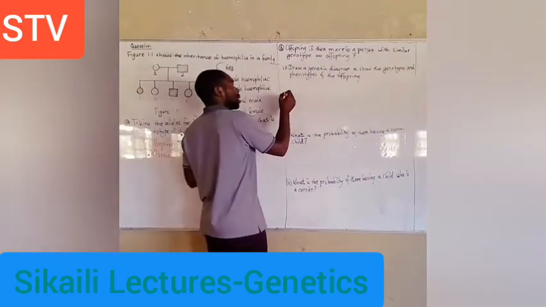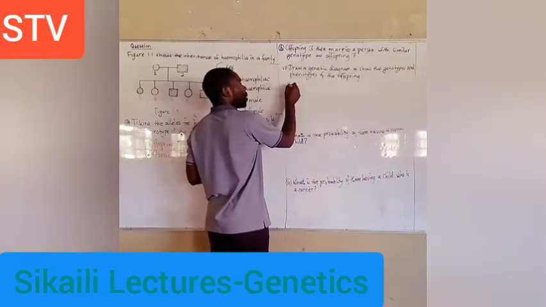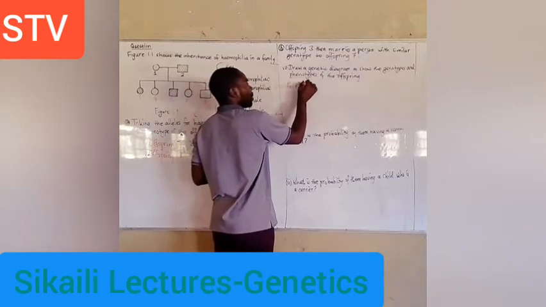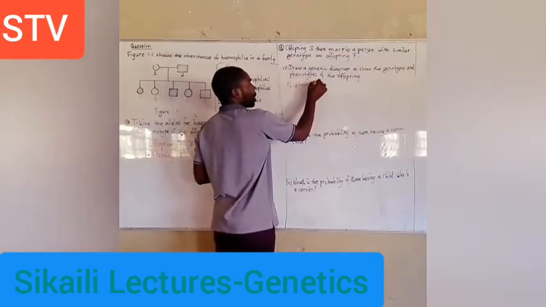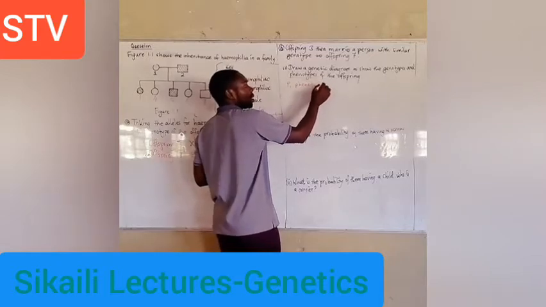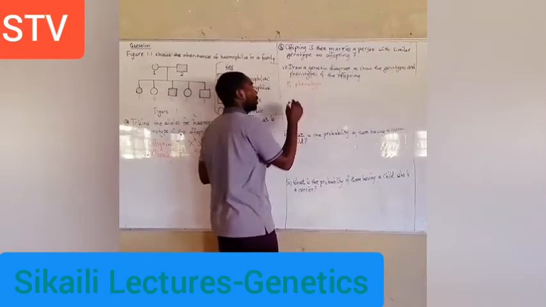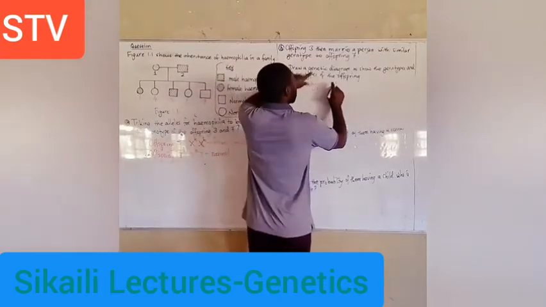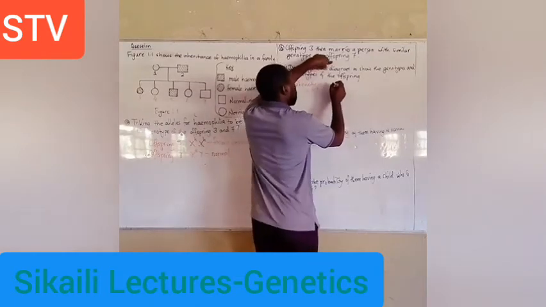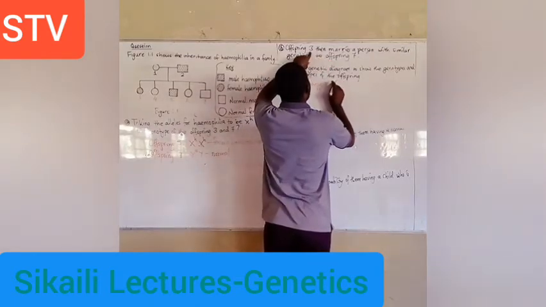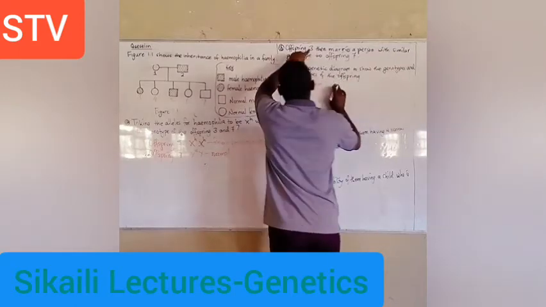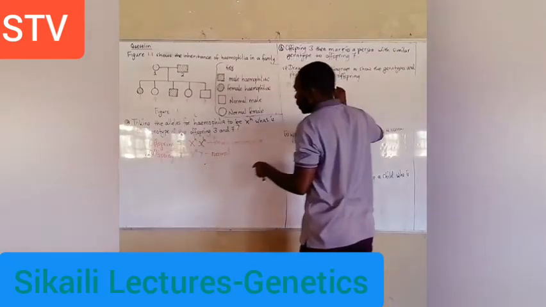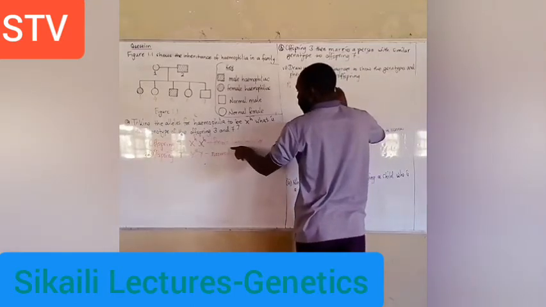So what is the procedure? The procedure is that you write P1, then you say phenotype, meaning parents, the first generation, where you are inheriting. Then offspring 3, because they are parents, you can now name them as female haemophiliac.